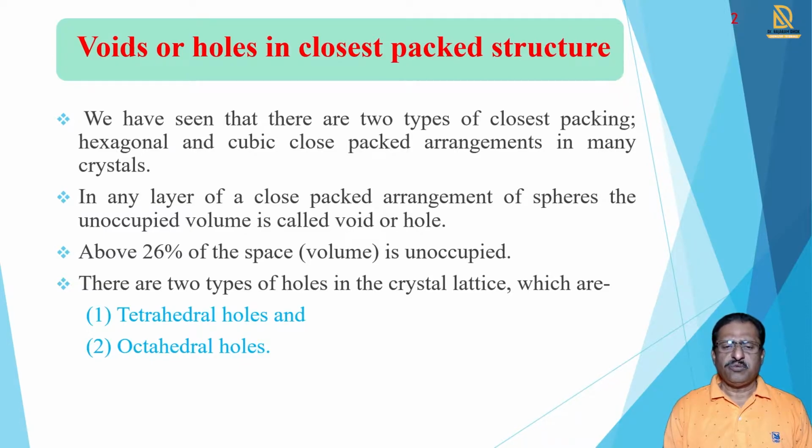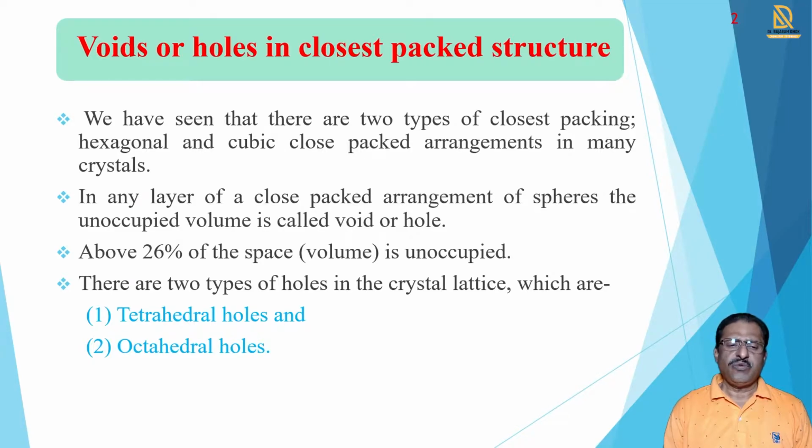In any layer of close packed arrangement of the spheres, in between the spheres there is some space, some unoccupied volume, and that unoccupied volume is called a void or hole.